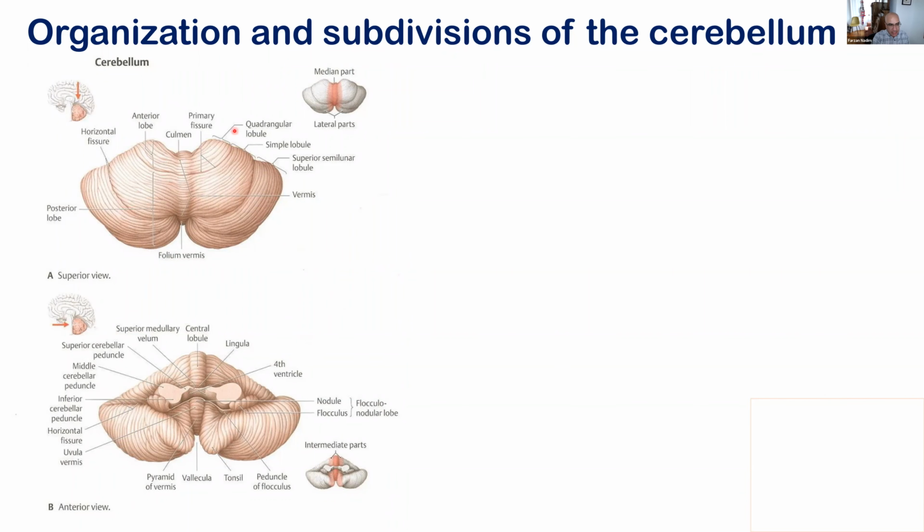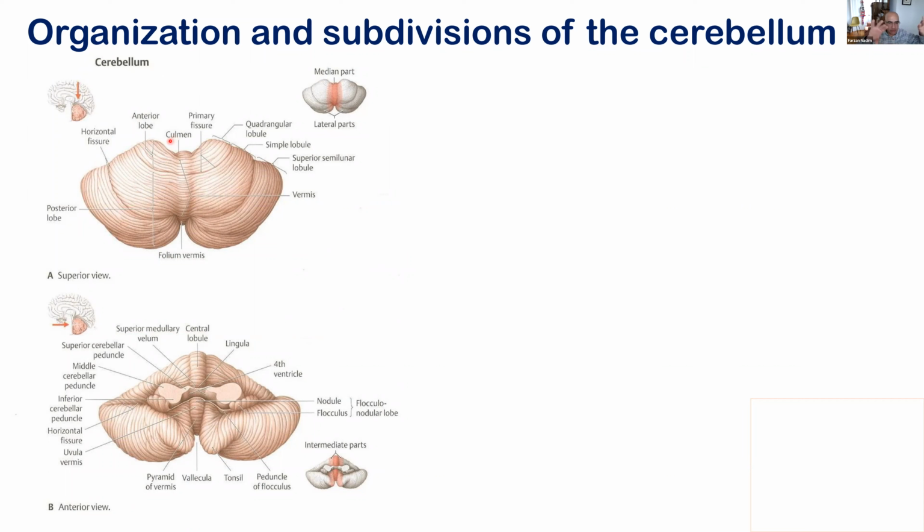In terms of the anterior-posterior structure, the cerebellum has a structure going from front to back. The anterior lobe is in front of this primary fissure that you see here. The posterior lobe is behind the secondary fissure, and in between is the middle lobe.